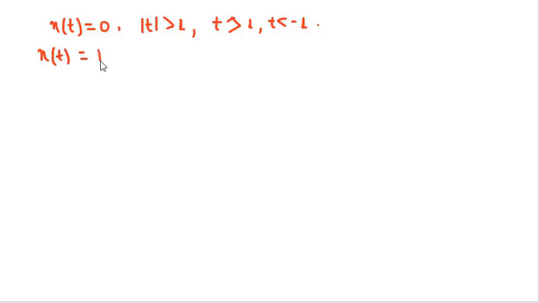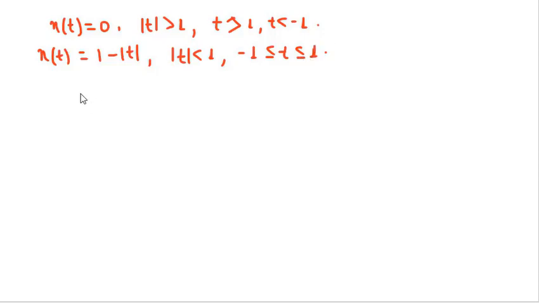So you are given in that question that x of t is equal to 0 when mod of t is greater than 1, which implies t is greater than 1 or t is less than minus 1, and x of t is equal to 1 minus mod of t when mod of t is less than 1, which is minus 1 to 1.